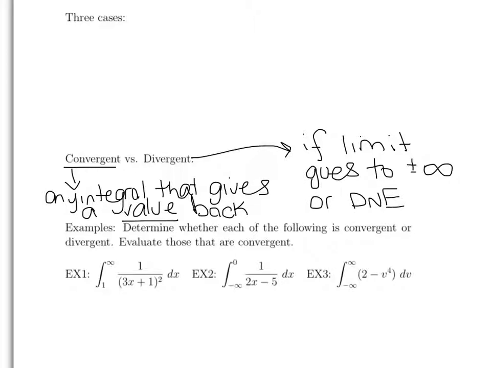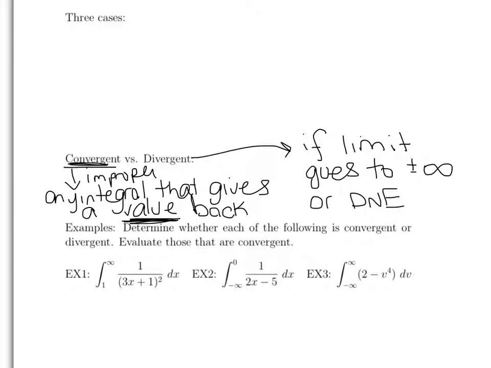So convergent is any improper integral that is going to give us an actual number back when we actually take the limit. And divergent are things where the limit doesn't exist or we get plus or minus infinity. So those are your 2 different words that we'll use when we talk about integrals. Convergent means they're going to a number. Divergent means they're going to infinity or don't exist.